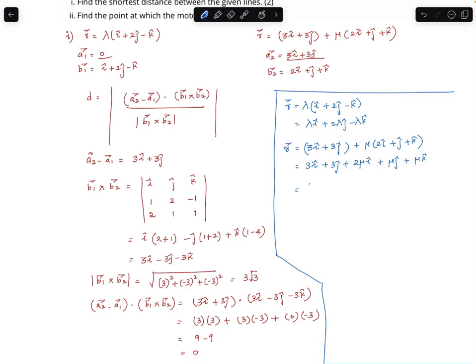Grouping the i, j, k components, we get (3 plus 2 nu) i plus (3 plus nu) j plus nu k.